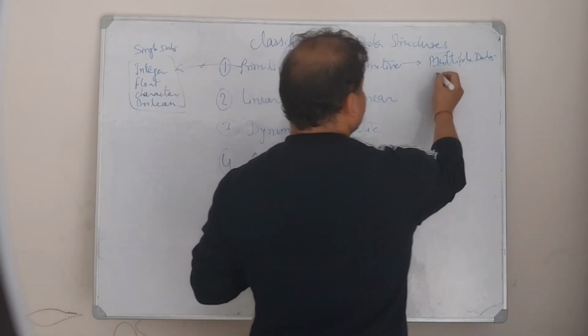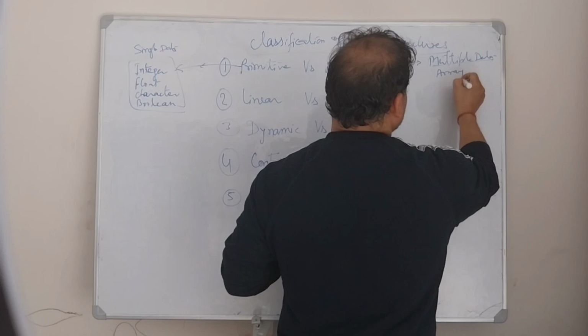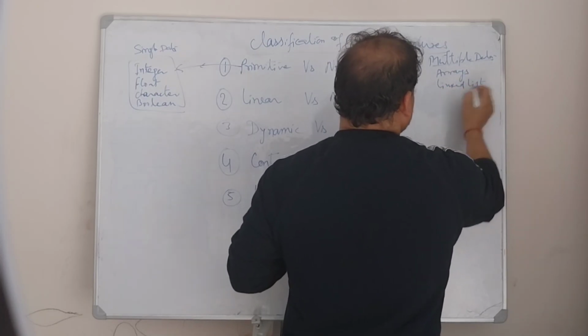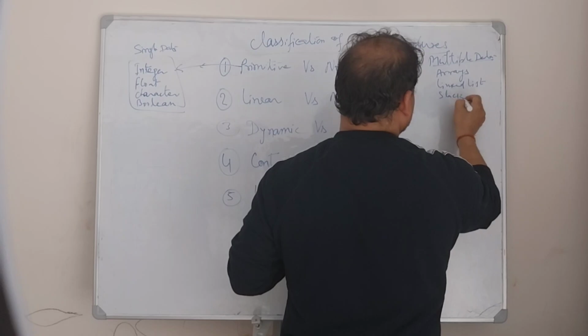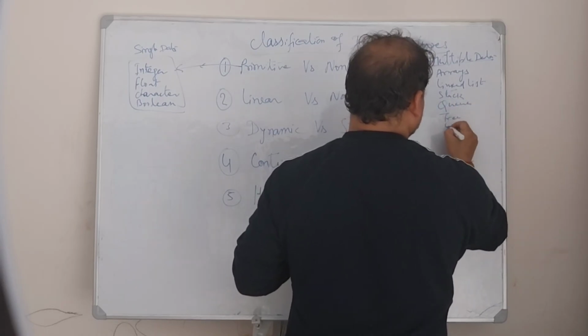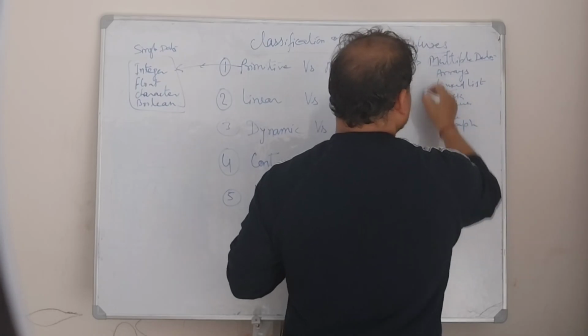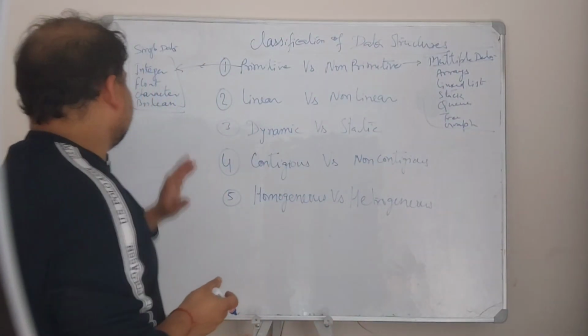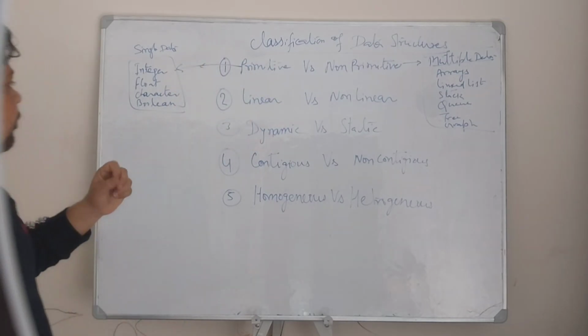So the data structures are arrays, then linked list, then stack, queue, tree, graph. These are non-primitive, because they are using multiple data. So that is the difference.